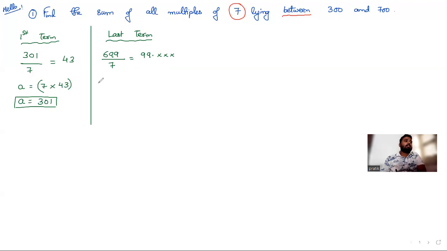So how do I get my last term? My last term, which is denoted by L, is nothing but 7 into 99. I'll take the integer itself.